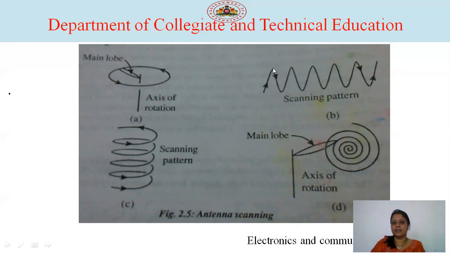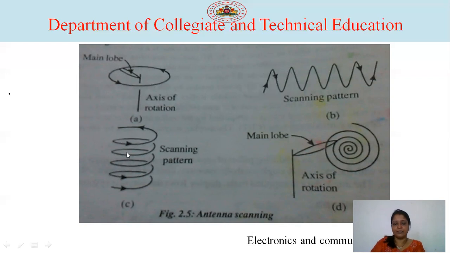And in the noding scanning, what is happening? The antenna is moving very rapidly in the vertical direction, but very slowly in the horizontal direction. If you observe this waveform, the movement is very fast in the vertical direction, but horizontally it is a slow process.